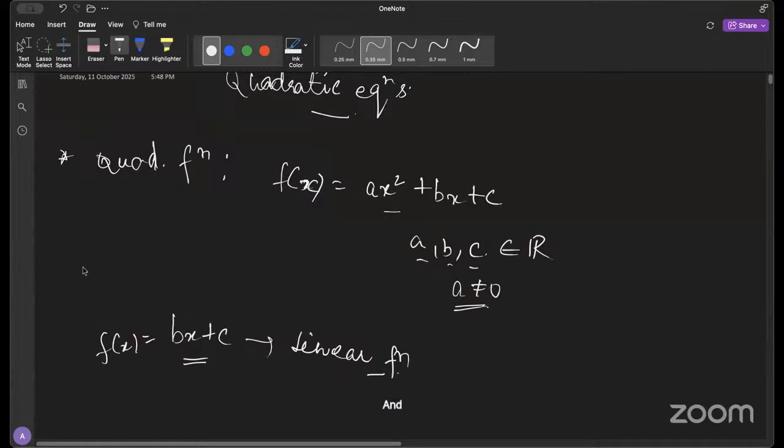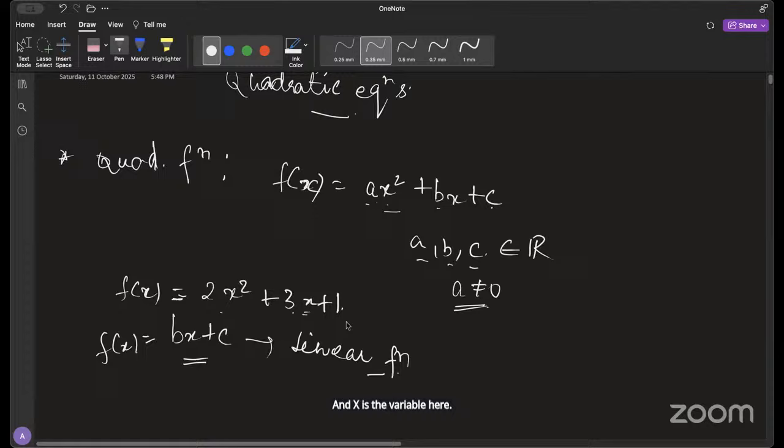So one thing that you keep in mind is a, b, c are constants here, and only your x is a variable. For example, 2x square plus 3x plus 1, where you can choose a, b, c and fix them, and x is the variable here.